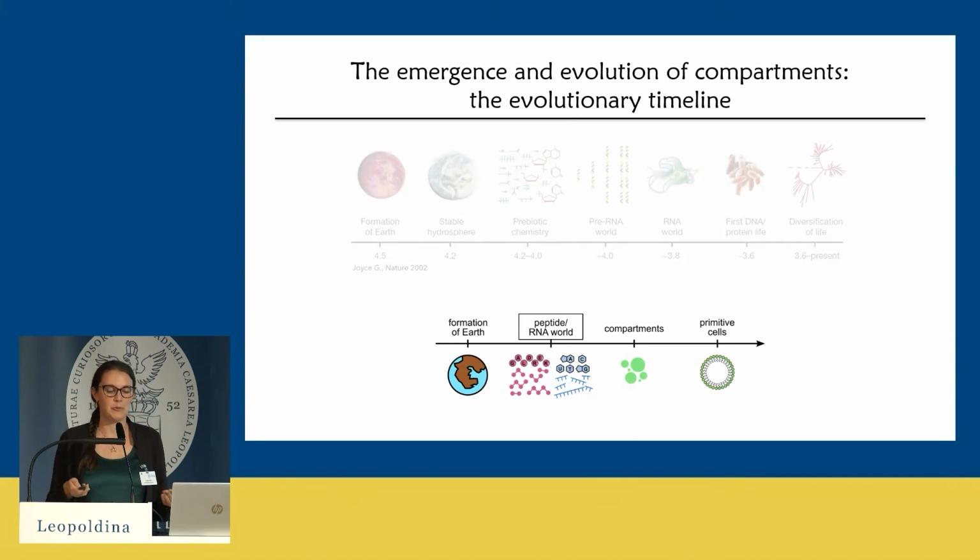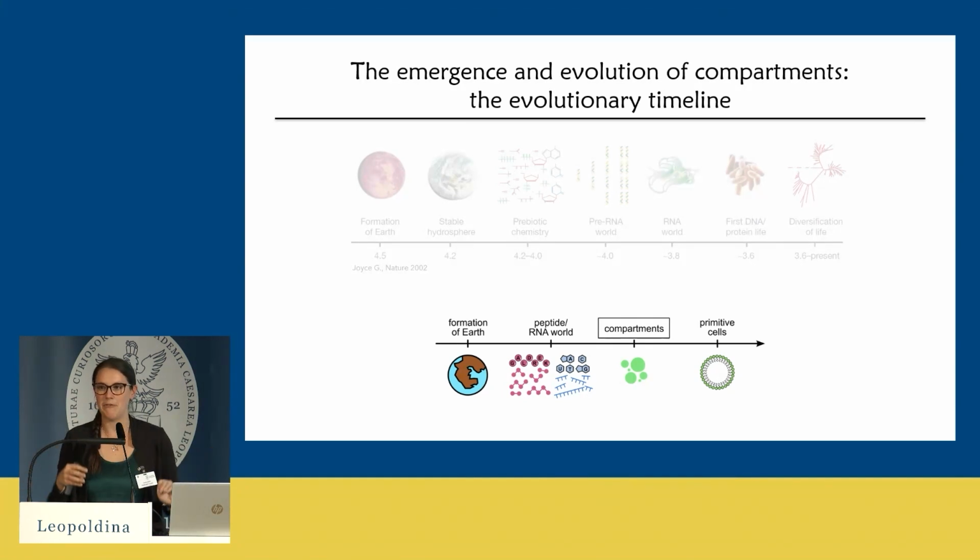The second aspect I want to draw your attention to is that intentionally, on this timeline, I decided to put compartments later in the timeline. And the reason I've done that is because when you think about compartments, and we've heard this a bit today as well, we tend to think about chemistry that needs to happen, RNA chemistry, the emergence of molecules, of nucleotides, the emergence of amino acids, their polymerization, their functionality.